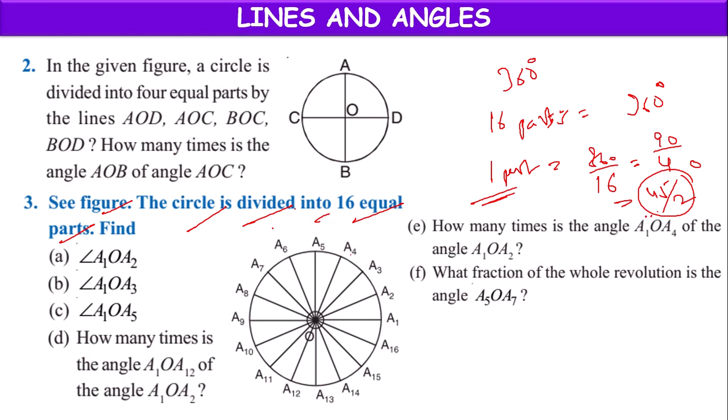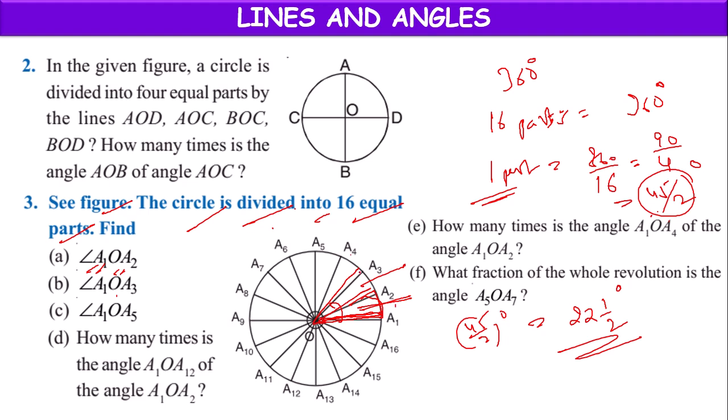So here A1, O, A2 is one part, which is equal to 45 by 2 degrees, or 22 and a half degrees. 45 by 2 means 22 and a half degrees. So A1, O, A3 is a combination of 2 parts.